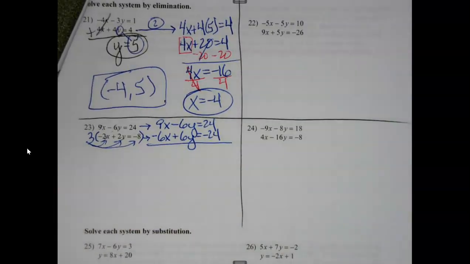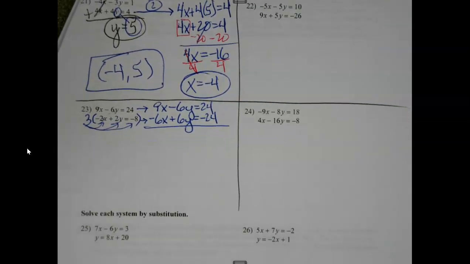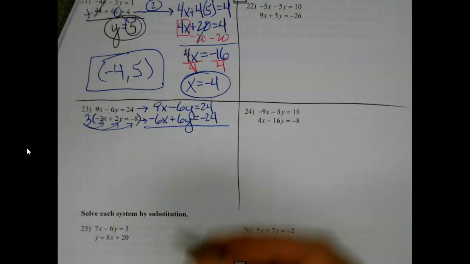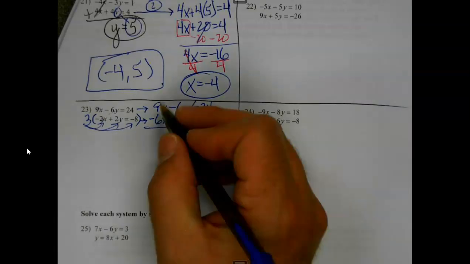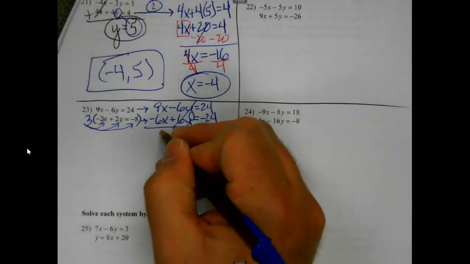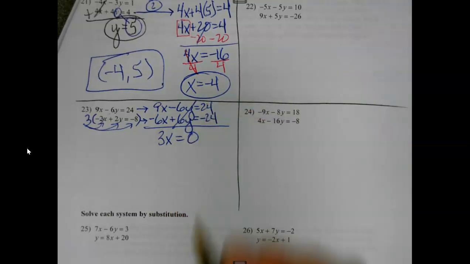And this is an excellent one to do because this is a problem we ran into on the last quiz. If everything's going right, in a moment here I can see that when I add down my y's are going to go bye-bye this time. Like right there. Still adding. 9 and negative 6, or 9 minus 6, is 3. 24 minus 24 is 0.